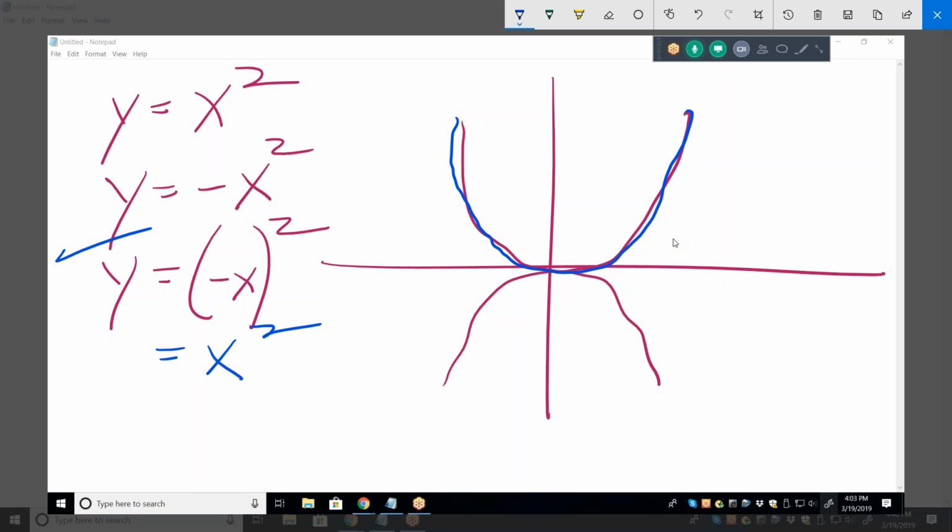So with this polynomial, that negative x inside the function is a reflection over the y-axis, whereas with sine, it is not. That is not a reflection over the y-axis.